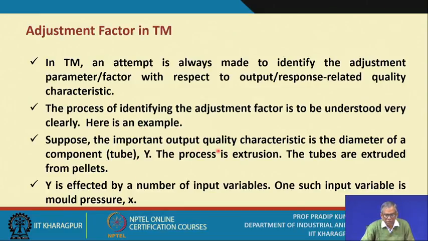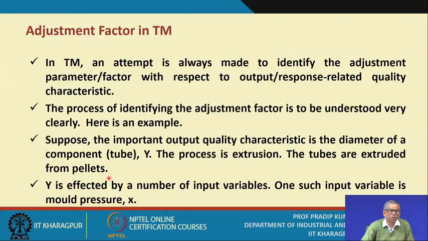Suppose the important output quality characteristic is the diameter of a component, say tube diameter, and how do you specify this output quality characteristic? That is y. That means y is a variable. The process is, suppose, the extrusion process or wire drawing process. The tubes are extruded from pellets. So this is the process.